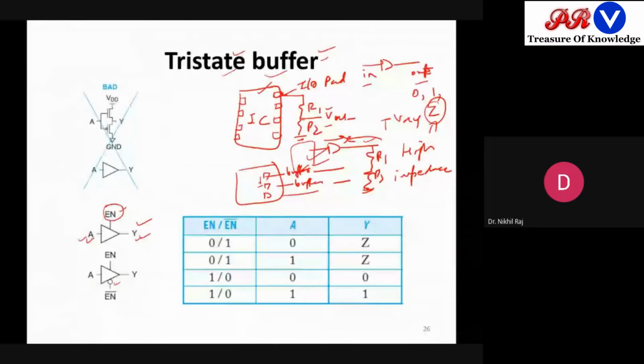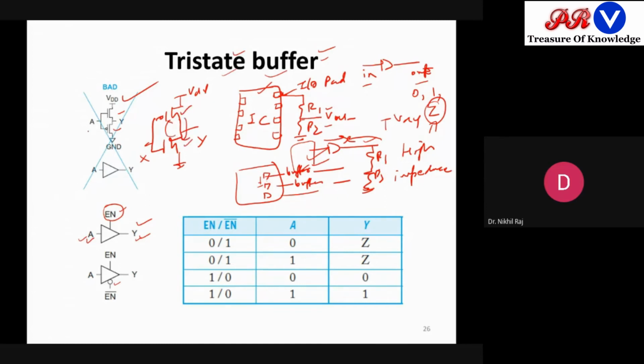Okay, so what is happening here? This is the example. Here, if you see how to design the buffer: if I interchange this PMOS and NMOS, the inverter had this PMOS and this NMOS. So what I did here is interchange their positions.